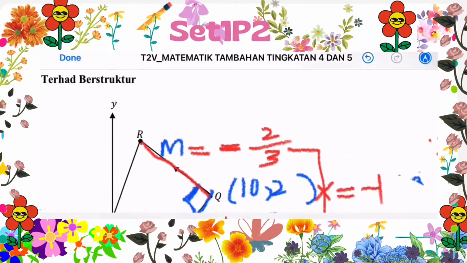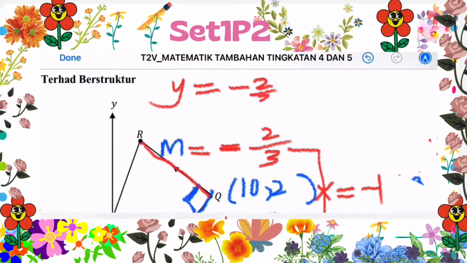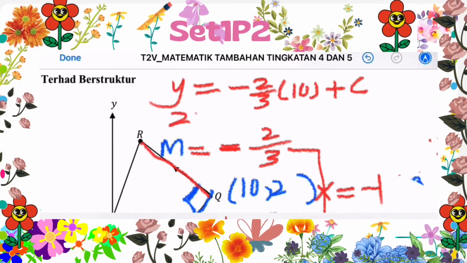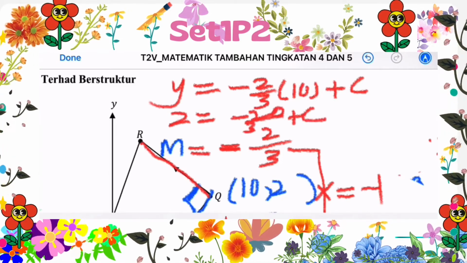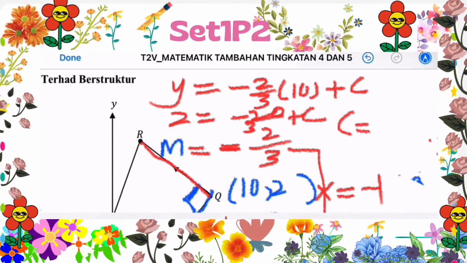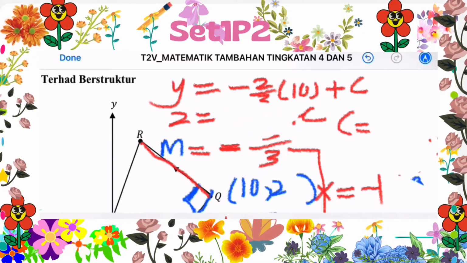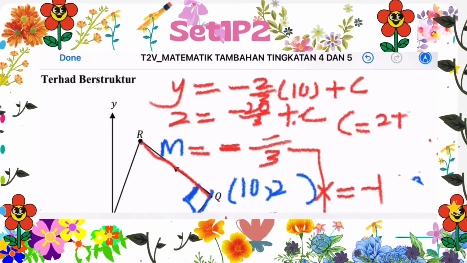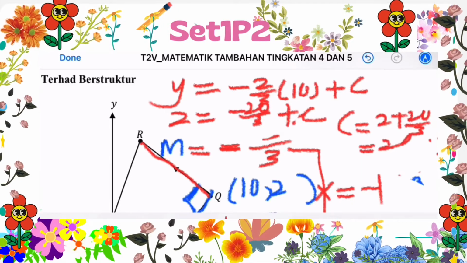So we can use y equal to mx plus c. m is negative 2 over 3, x is 10, y is 2. So 2 equals negative 20 over 3 plus c. So c will be 2 plus 20 over 3. So I have c equal to 26 over 3, right?